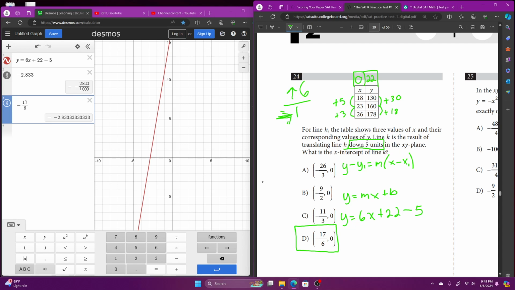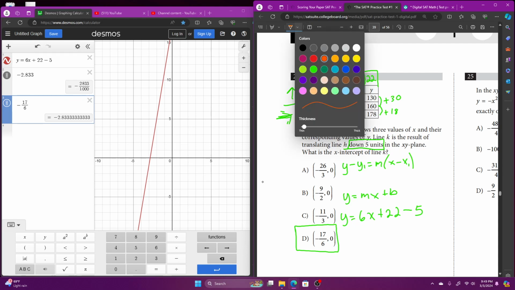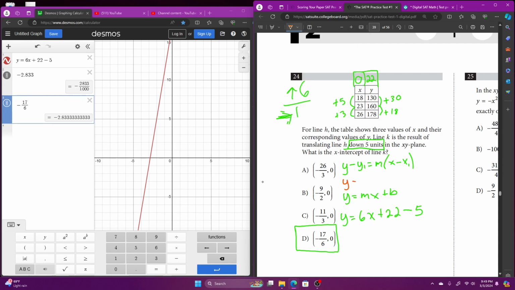And if you were going from this equation here, you would have had, let's see, y minus, you could use any of these y values from the chart, equals your slope 6 times x minus the corresponding x value, and then to translate it down 5, it would still, I believe, be the same line.